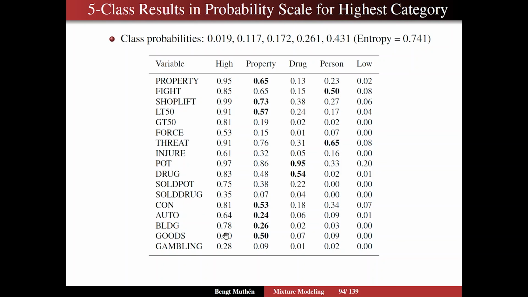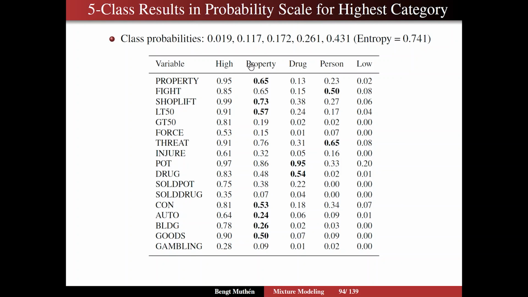So they're high on everything, on all the items. About 2% of the sample are high on all items. The second class is a property class with 12%. Third class is a drug class with 17%. Person offense is 26%, and the low class 43%.